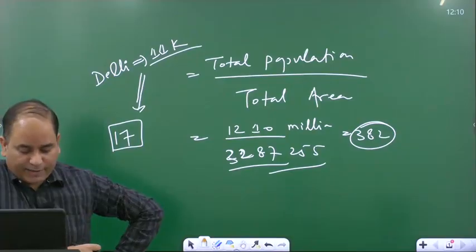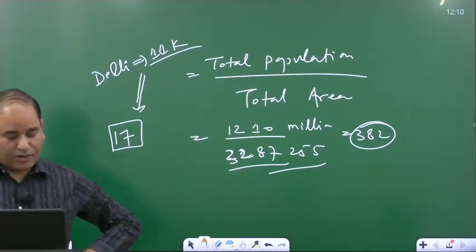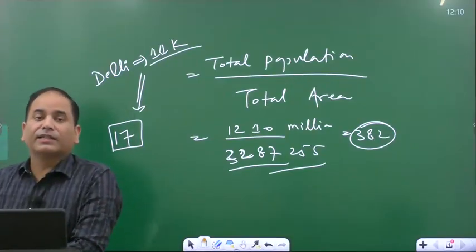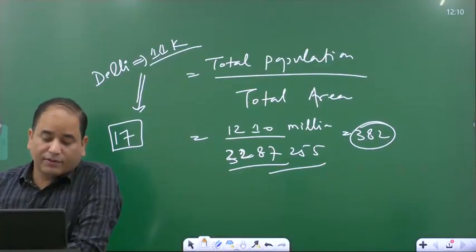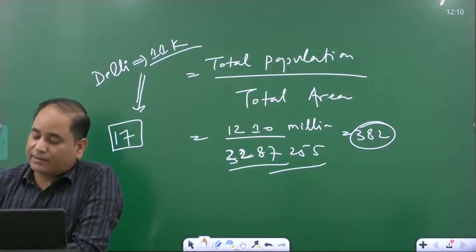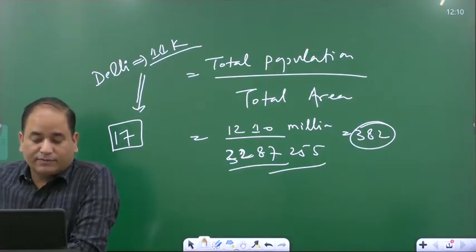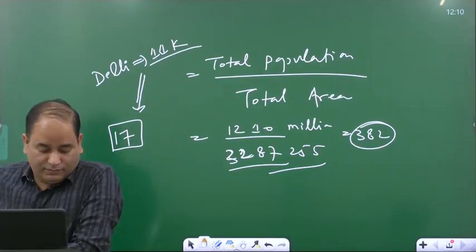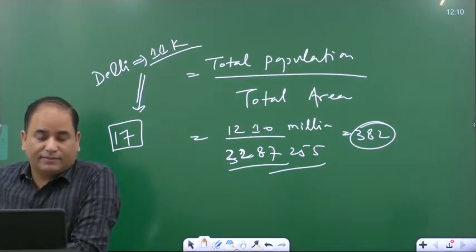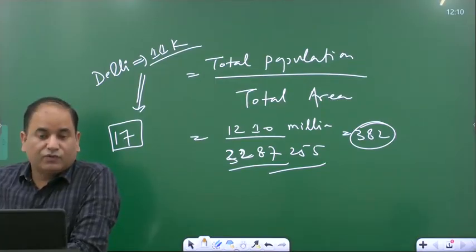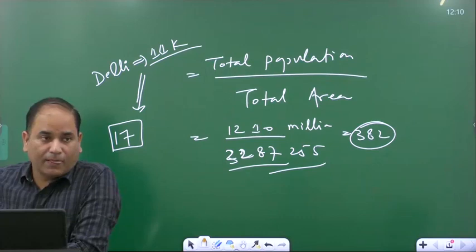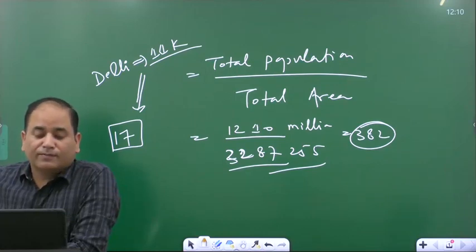So please write, on the basis of population density, the world has been divided into 4 categories.